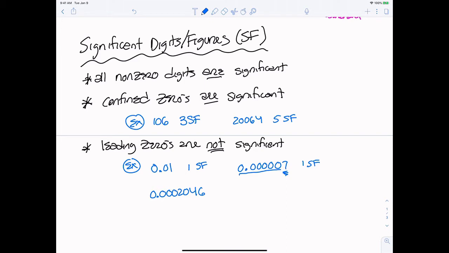So this one, these leading zeros here are not significant. Leading zeros are never going to be significant. But the 2, the 0, the 4, and the 6 are. That 0 between the 2 and the 4 is confined, so it is significant. The 2, the 4, and the 6 are not zeros, so they're always going to be significant. So this has 4 significant digits in it.